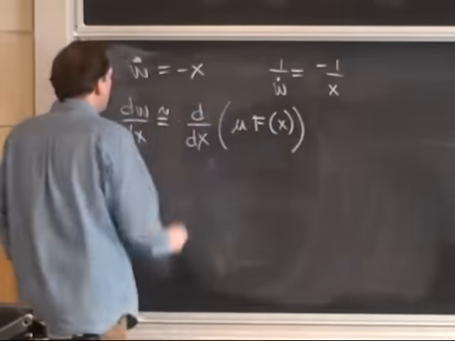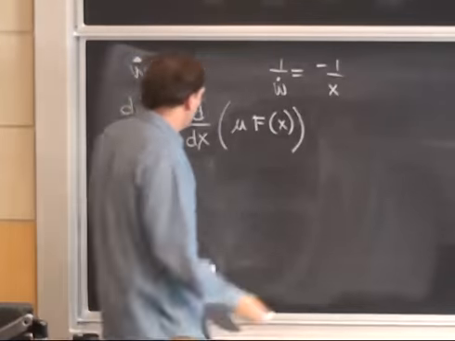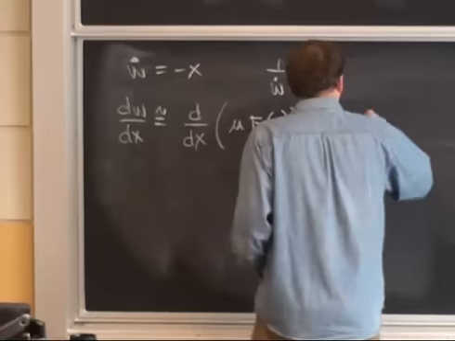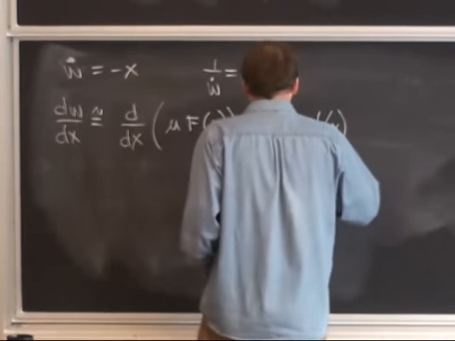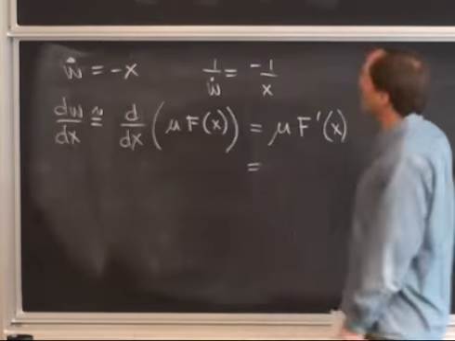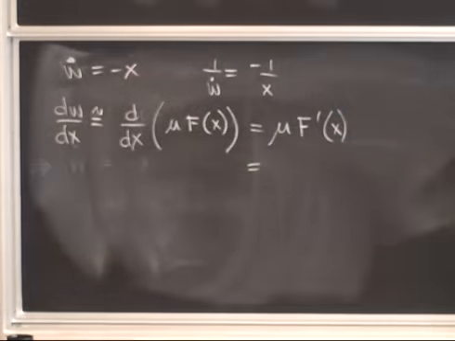So that's our approximation there. And that's going to give us mu f prime of x, which, if you remember the definition of f of x, it was a third x cubed minus x.